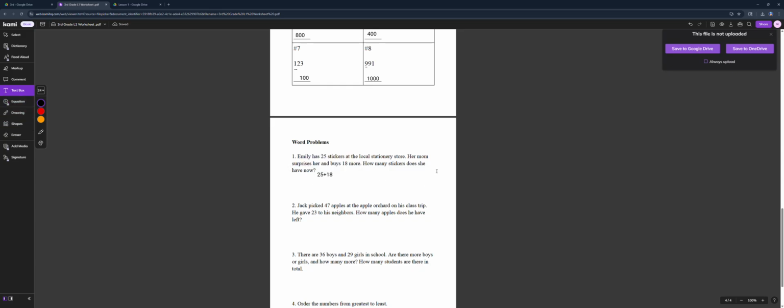So 25 plus 18: we do the 5 plus 8 first, so it becomes 13. Carry the 1 over, so 1 plus 2 plus 1 becomes 4. So 25 plus 18 equals 43, and that's how many stickers she would have right now.